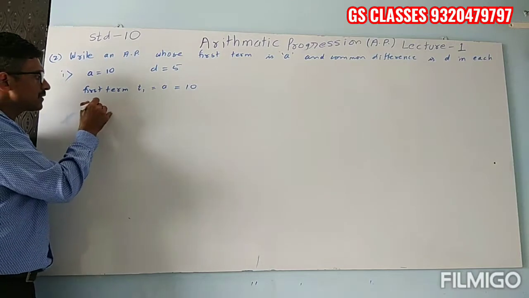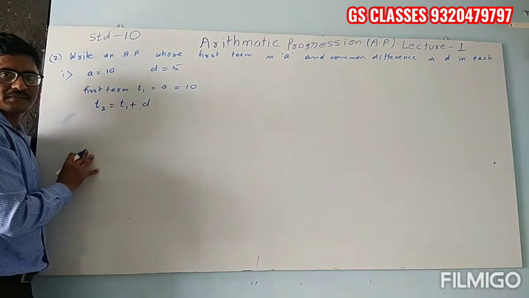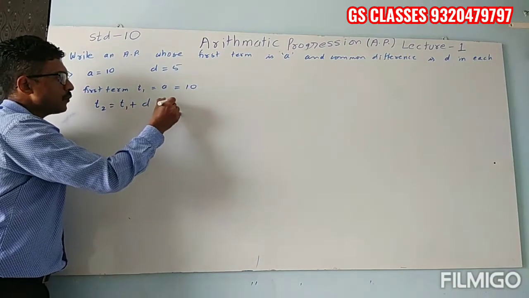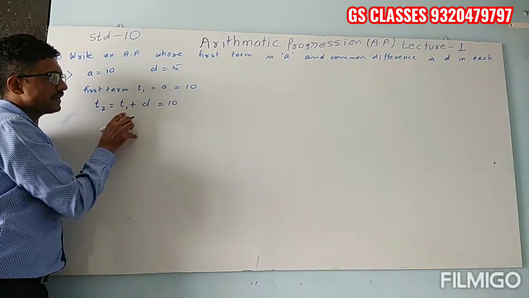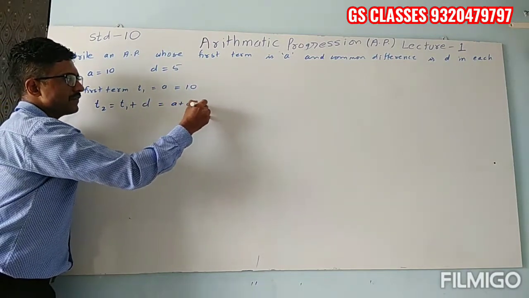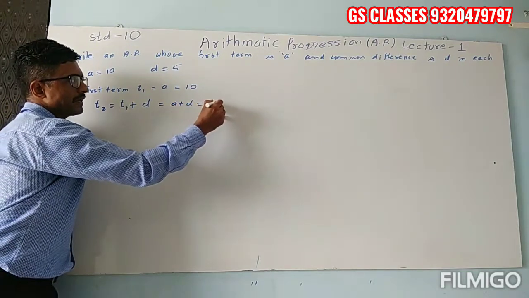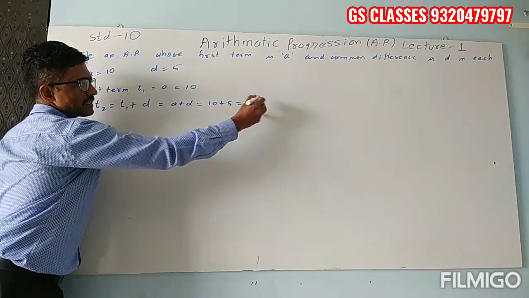So children, T2 is going to be T1 plus D. And the value will be 10. T1 means A. A plus D, which is A is what? 10. 10 plus D is what? 5. So answer is 15.